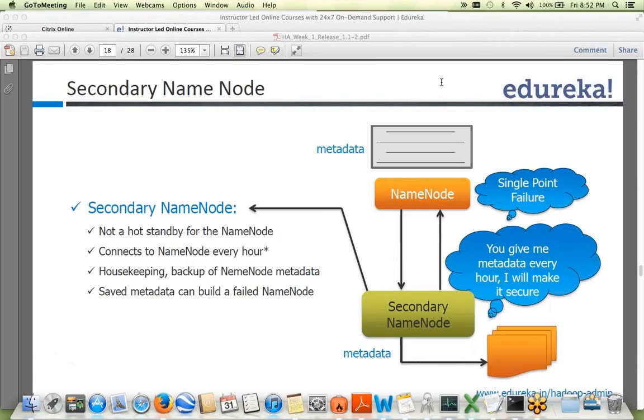If everything is just data and there is no space to store intermediate data, then your jobs won't run. That's why every big company does quarterly capacity planning, and they look at what new data is coming every day, and based on that they look at how much storage they have, and they keep adding new nodes to the cluster. That's something that you will also have to do as part of your Hadoop administrator job.